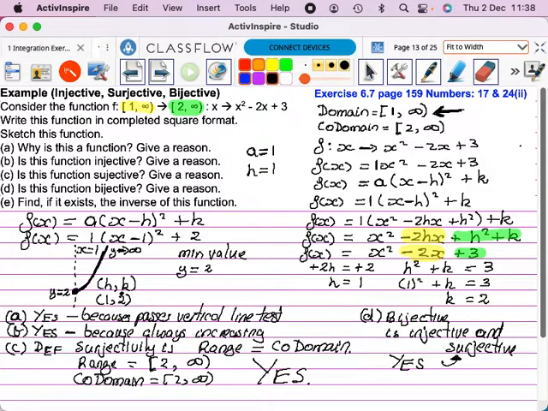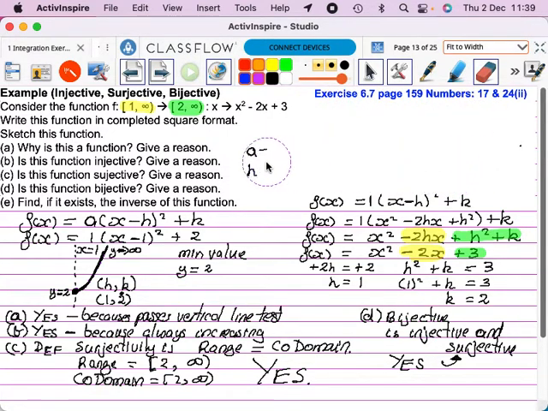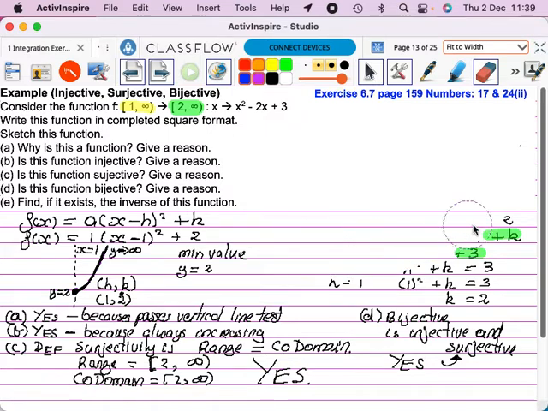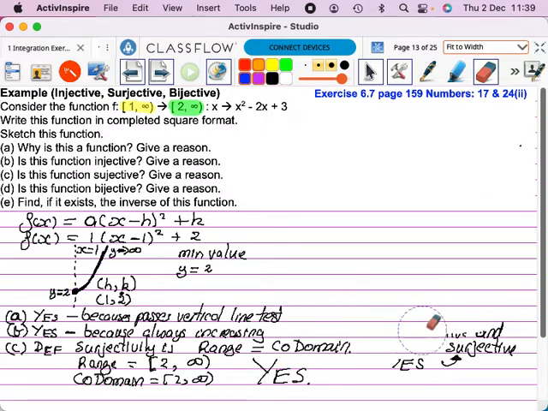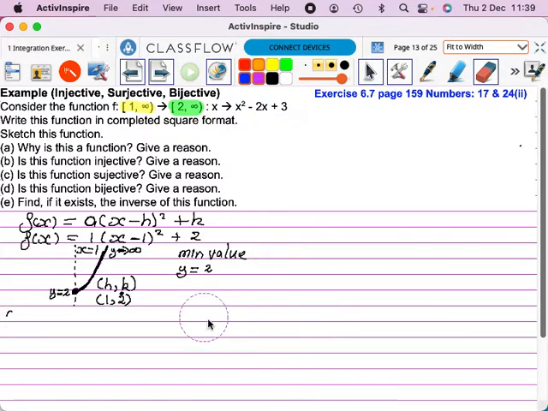Now, at this stage, in order to make space, I'm going to rub out what's up on the screen, and then I'm going to continue with part E. And part E is the part where you've established that there is an inverse, because it's a bijective function.